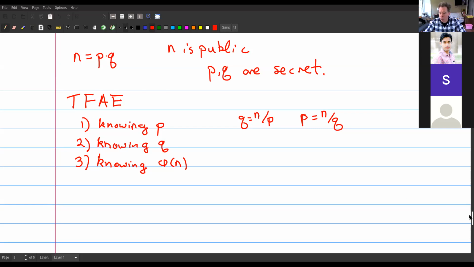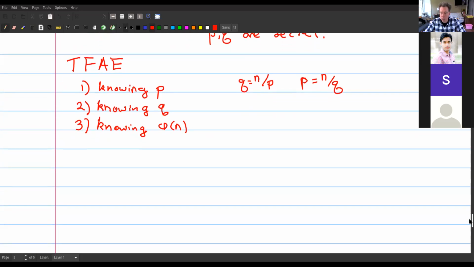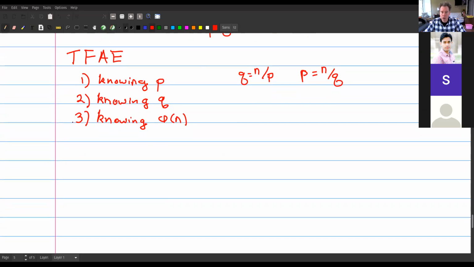But we can give a little bit of argumentation now. If you know P, then you know Q, then you can figure out phi of n because phi of n is just equal to P minus 1 times Q minus 1. So that means 1 implies 2 implies 3.